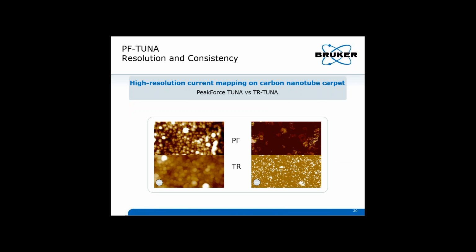This intermittent electrical contact in the TR TUNA imaging is likely caused by the lateral twisting motion of the probe in TR mode. That's why we mentioned earlier that TR mode may not be the best option for current measurement.